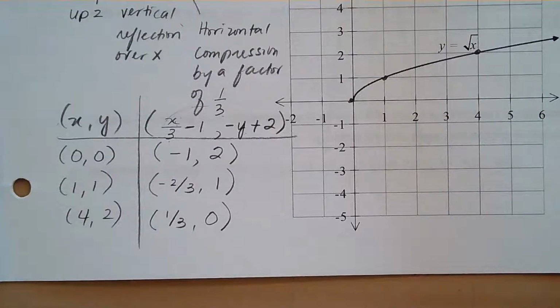Is everybody okay with this? I got negative 1, 2, negative 2/3, 1. I'm going to end up with some kind of a fraction here. That's not a big deal.